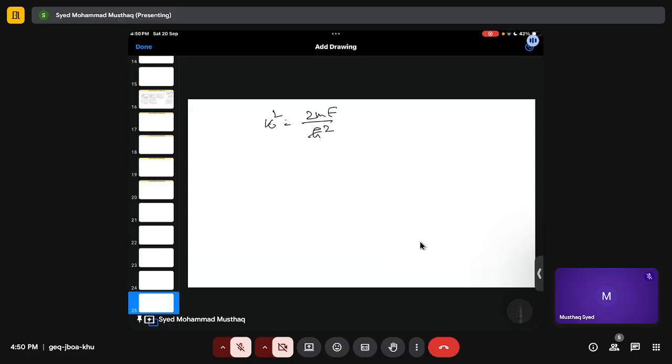It is directly the classical relation, there is no complication. And we also got a k relation which is equal to n pi by L. If I substitute this here, then it will be n pi by L whole square equals 2mE upon h cut square. I want E, the allowable energy levels.